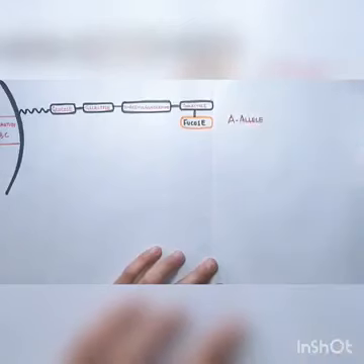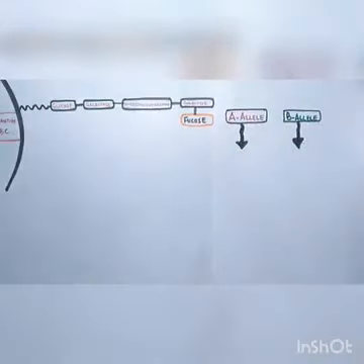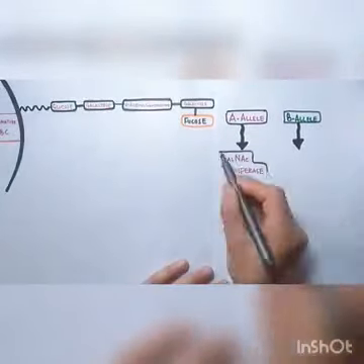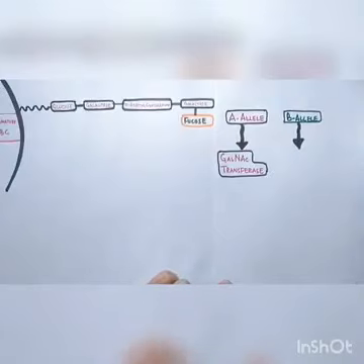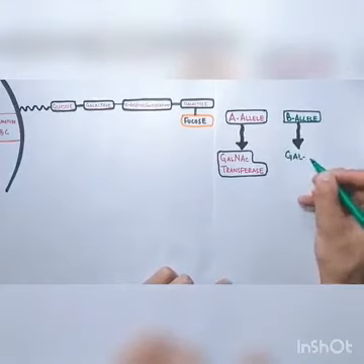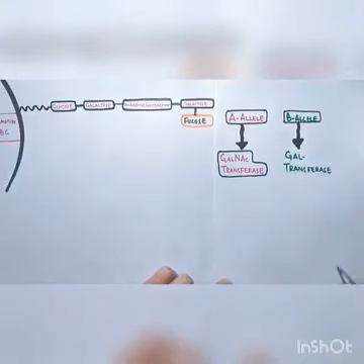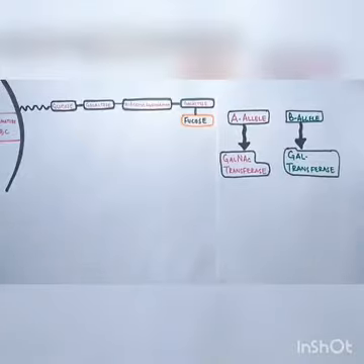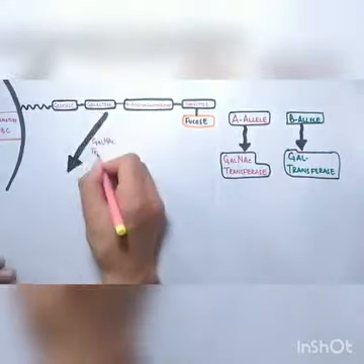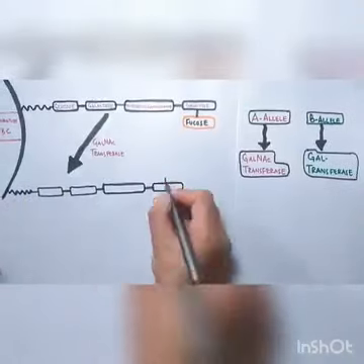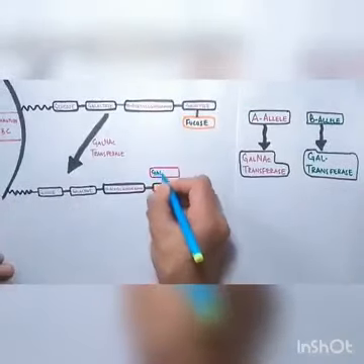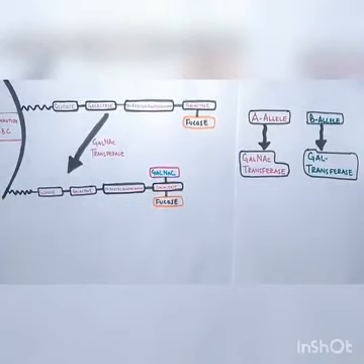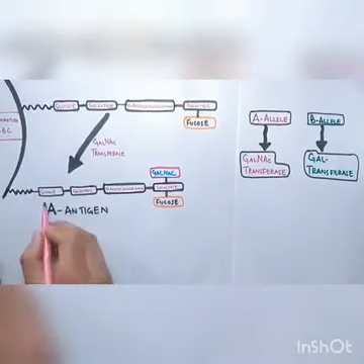Each allele, IA and IB, produces an enzyme, that is a transferase enzyme. IA allele produces N-acetyl galactosamine transferase and can add N-acetyl galactosamine, NAG. And IB allele encodes for the enzyme galactose transferase that adds galactose to the precursor, that is the H substance.